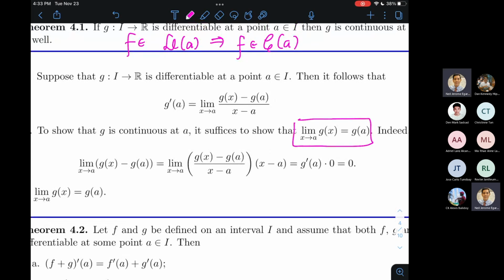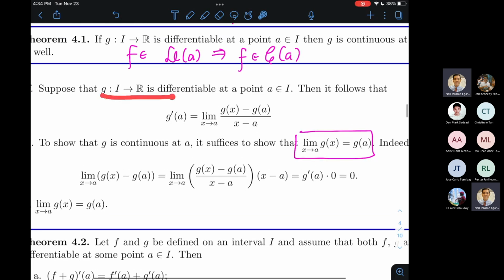Kung si G ay differentiable, dapat si G ay continuous. Pero para masabi na si G ay continuous, it is sufficient to show that the limit of G as x approaches A is equal to the function value. Okay? So you can analyze the proof in the usual way. Start with your assumption. Okay?